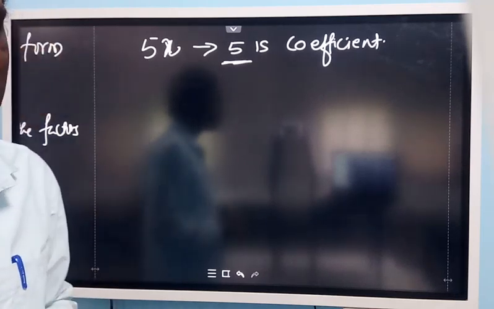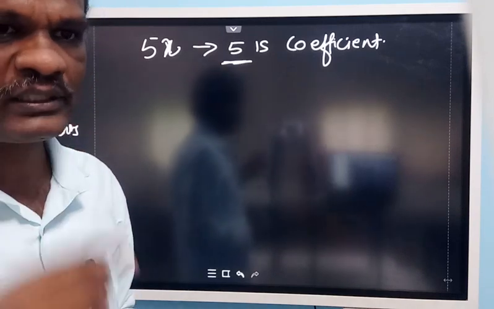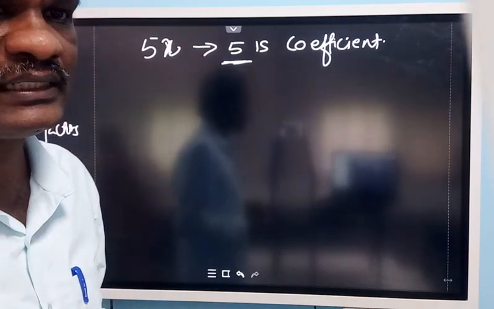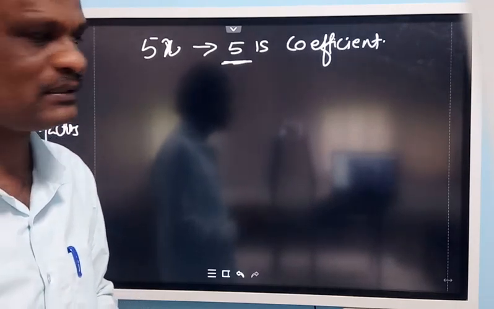Based on these terms we are going to classify the expressions. Based on the terms present in the expression, we give different names to these expressions.